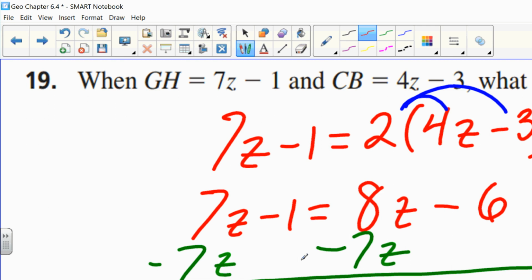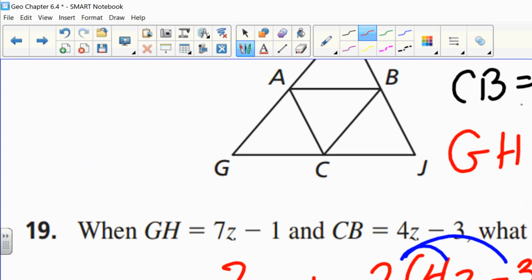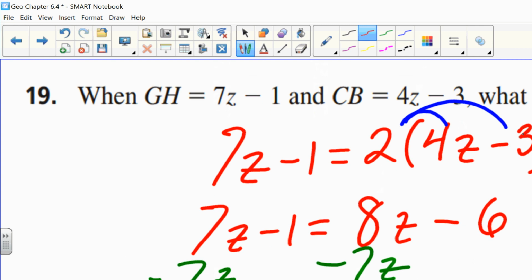So we could plug it in. Let's do that. 7 times 5 minus 1. Well, 7 times 5 is 35. Minus 1 is 34. So this would be GH.